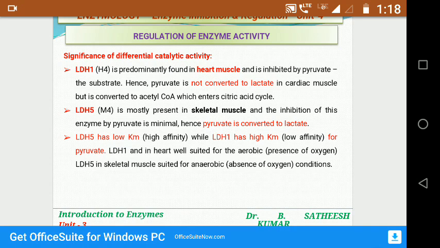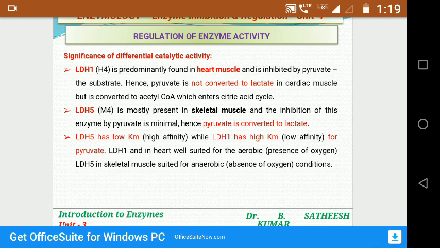And when we look at LDH5, M4, it is mostly present in skeletal muscle, and the inhibition of this enzyme by pyruvate is minimal. The pyruvate cannot easily inhibit the enzyme activity.